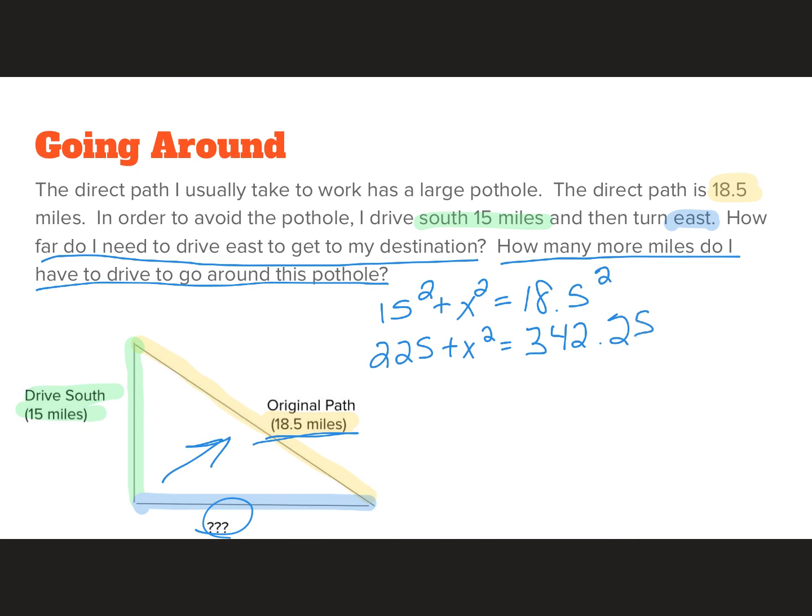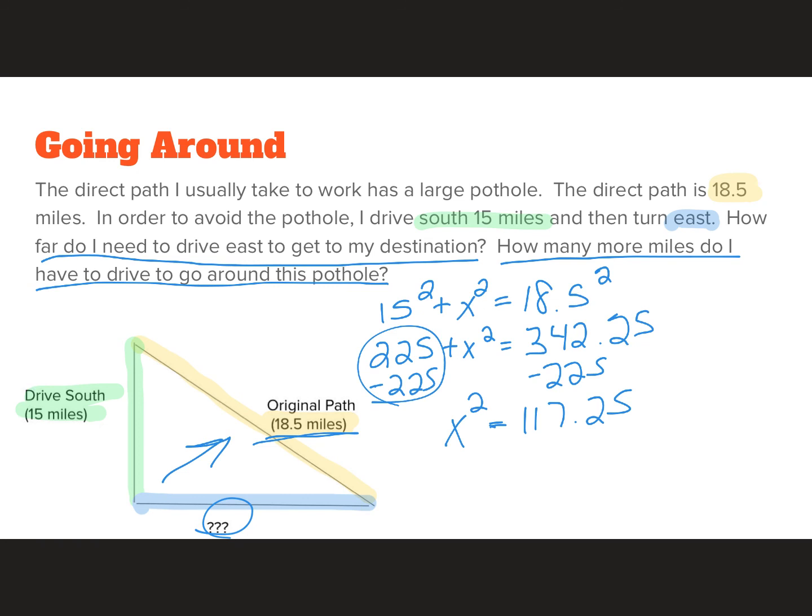It's going to give me 342.25. So now I'm going to subtract 225 from that. So subtract 225 from both sides. Here it gets canceled out, I'll be left with x squared equals, over here, I get 117.25.